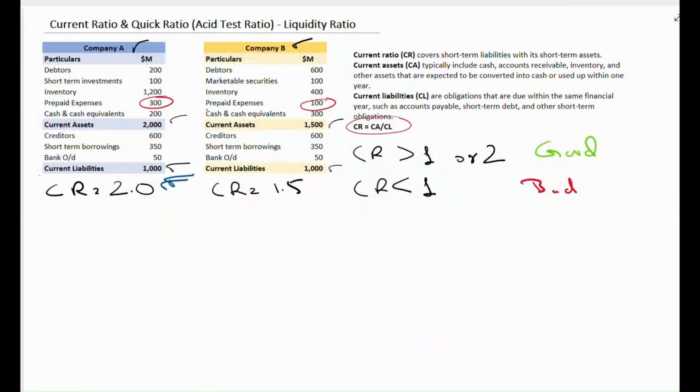Now we'll list out certain industries in which this is a general practice. So industries where inventory is stripped.